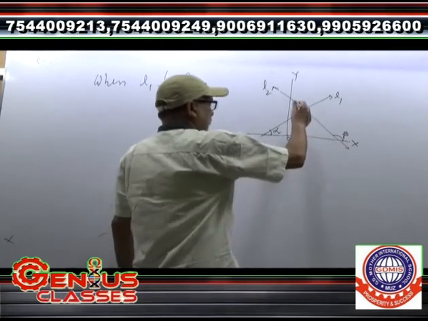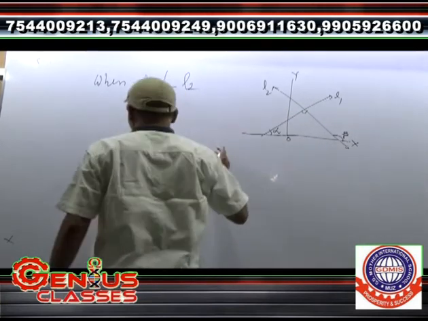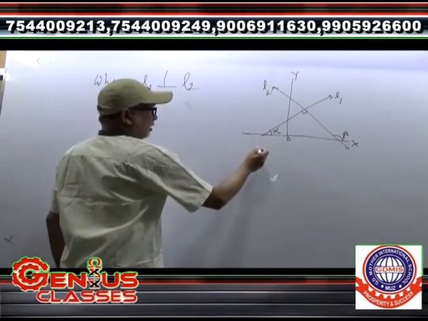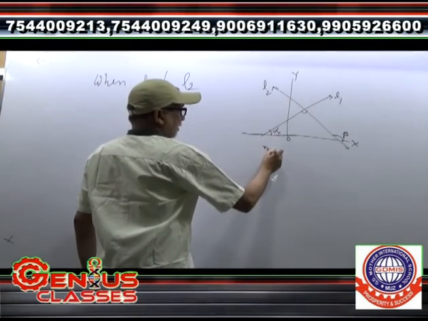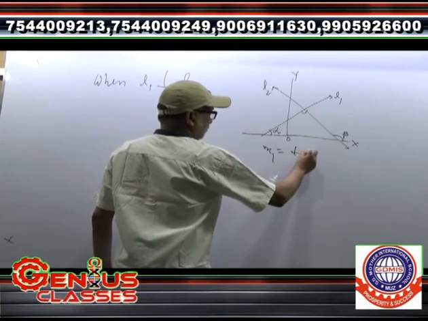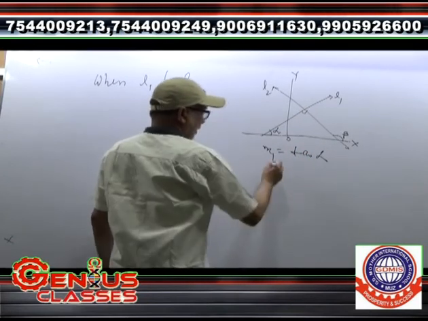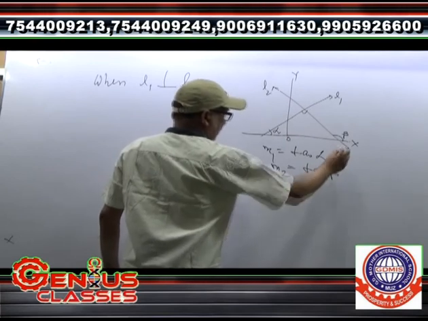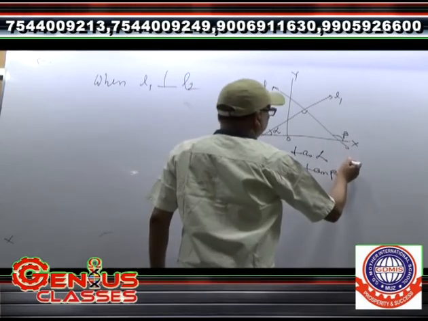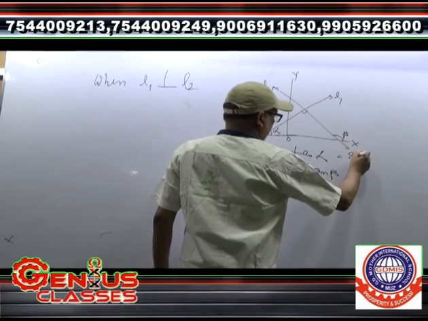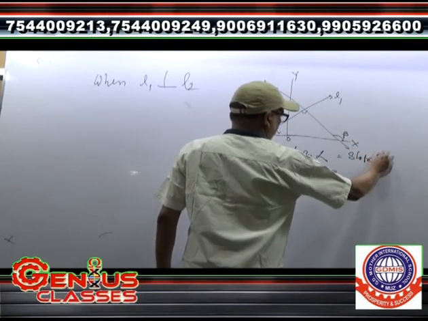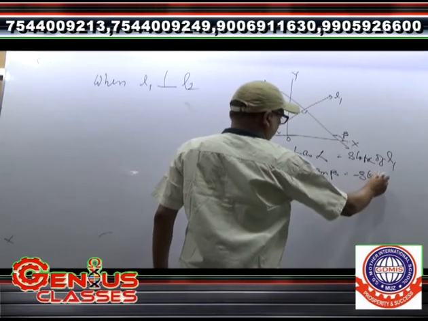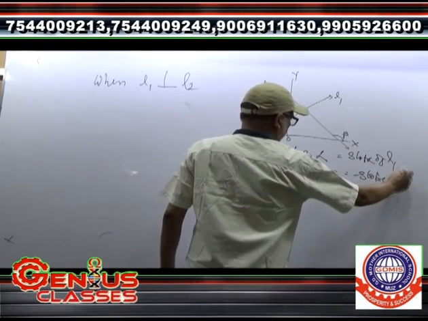And now, the slope of L1, M1 is equal to tan alpha and M2 is equal to tan beta.